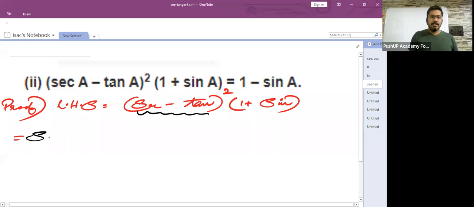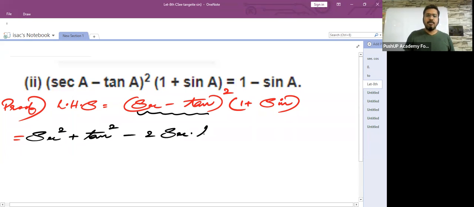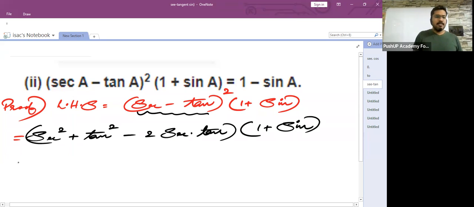So you get sec square plus tan square minus 2 into sec into tan, close the bracket and then write 1 plus sine. Is sec square plus tan square equal to 1? No, right?